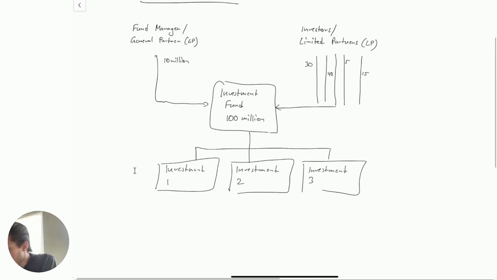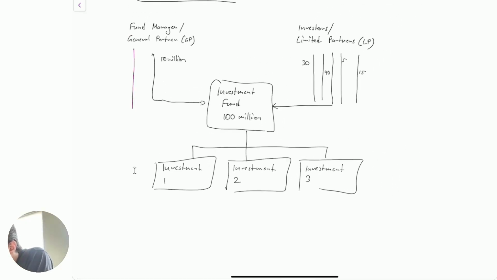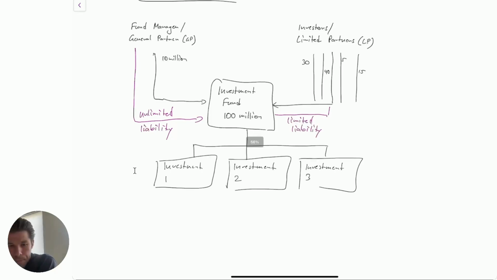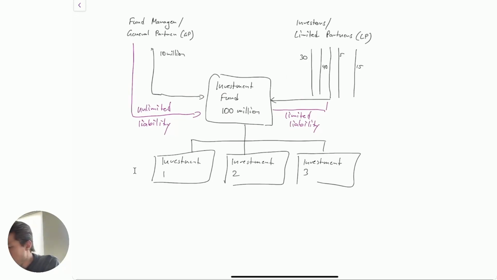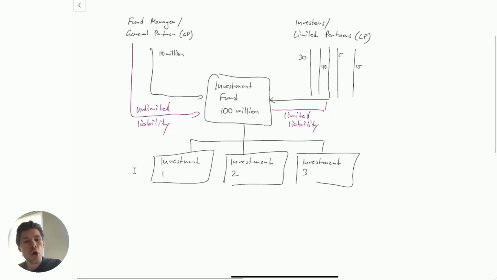And what is happening, just to clarify again, here we call it unlimited liability, and here those investors have limited liability. Yeah, and here we say the investors, they invest indirectly in those investments, because as you see, they don't invest directly. Otherwise we would call it direct investing or co-investing if they do it with someone else. Here, when we talk about investment funds, it's an indirect investment.